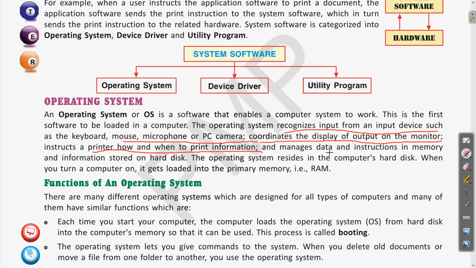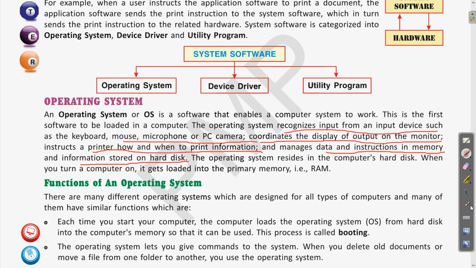Not only this, it will also manage the instructions in memory and the storage in the hard disk. Clear? Whatever data you are saving in your computer or mobile phone, and whenever you re-access it, once you have saved it and open the file again, all of this will be managed by the operating system. I hope this is clear now.